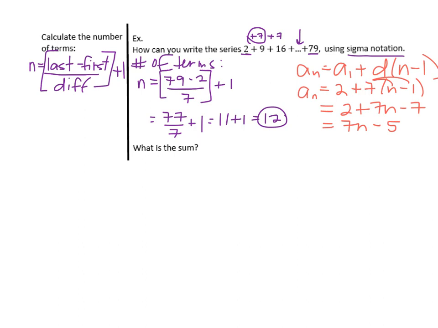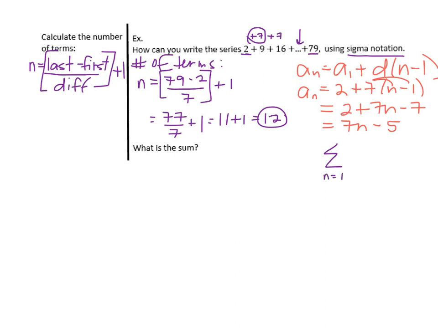Now that we have our pattern rule and the number of terms, believe it or not, we're ready for our sigma notation. What we'll do for our answer is we'll write our sigma symbol first. It doesn't have to look perfect, just try your best to get kind of that E shape to show up. Now the number on the bottom is the term we start with. And in our case, it looks like we're starting with the first term. So I'm just going to write n equals 1.